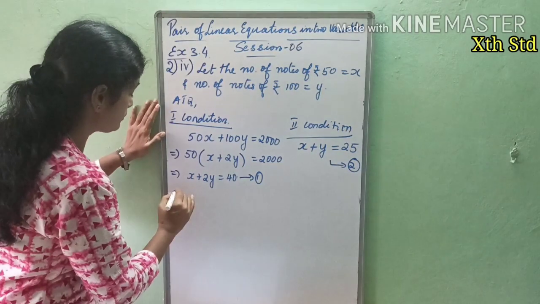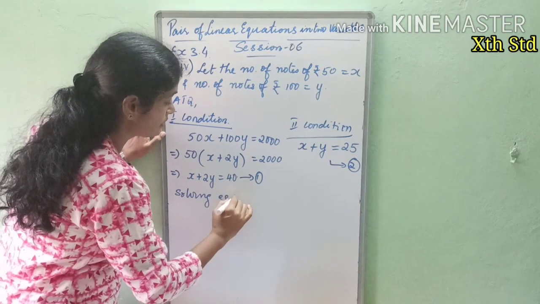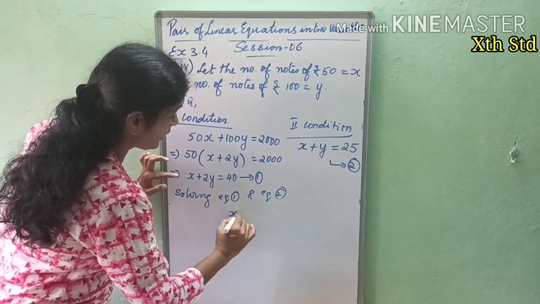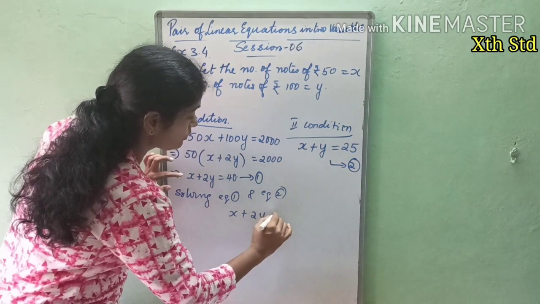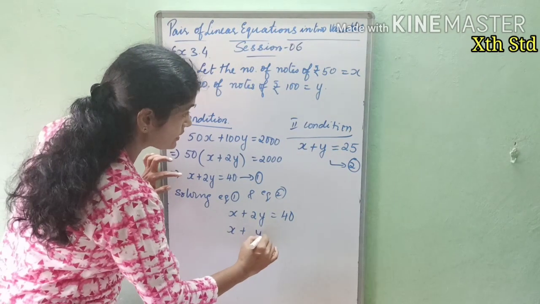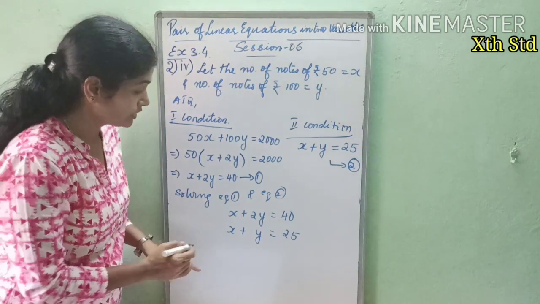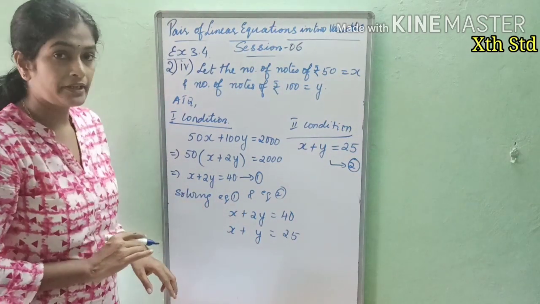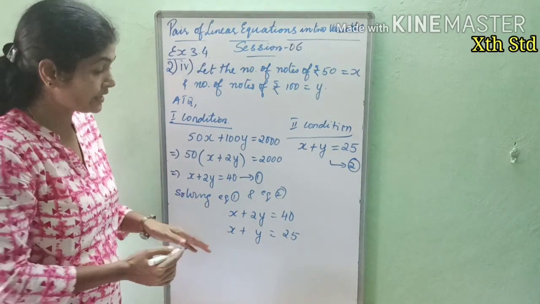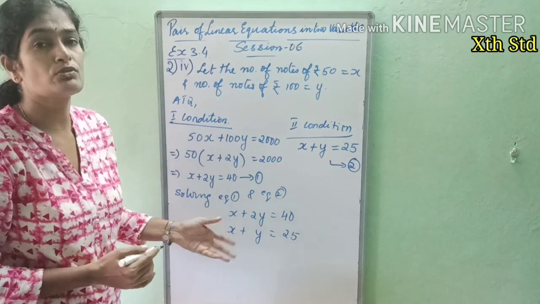Now solving equation 1 and equation 2. Just look: x plus 2y equal to 40 and x plus y is equal to 20. Now the coefficients of x are already the same. When it is already the same, you need not try to make the y coefficient the same.